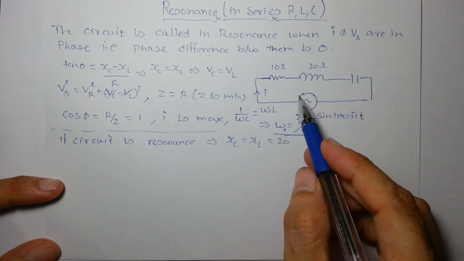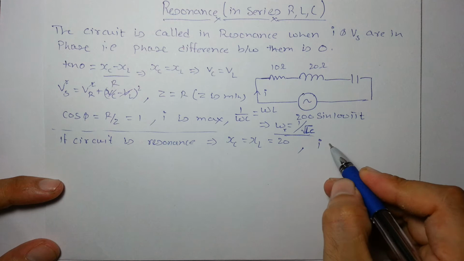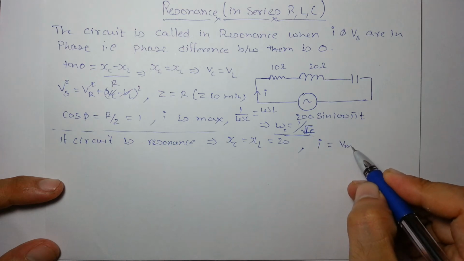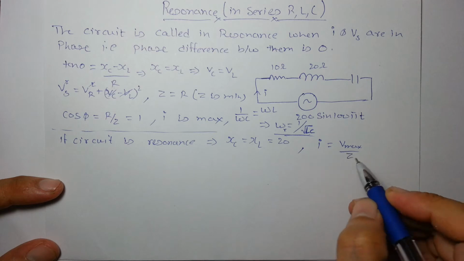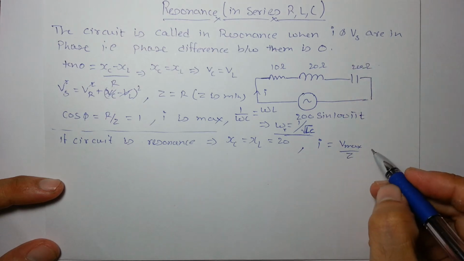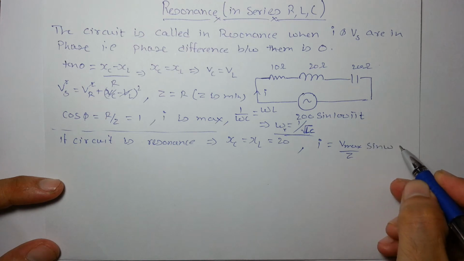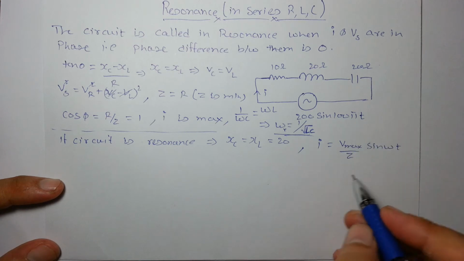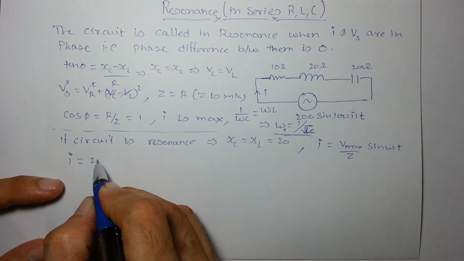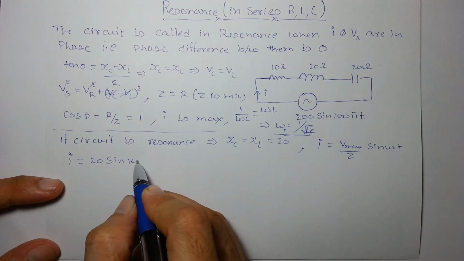The next term we are concentrating on is I. I is nothing but V max by Z, which is in this case equal to R, because this is also 20 ohm, sin omega t, because current will be in phase with this. So I is nothing but 200 by 10, which is 20 sin 100 pi t.